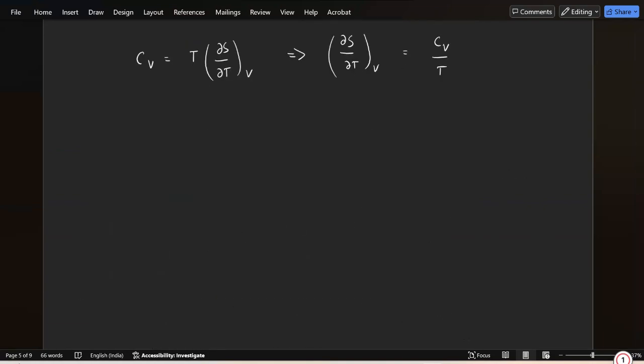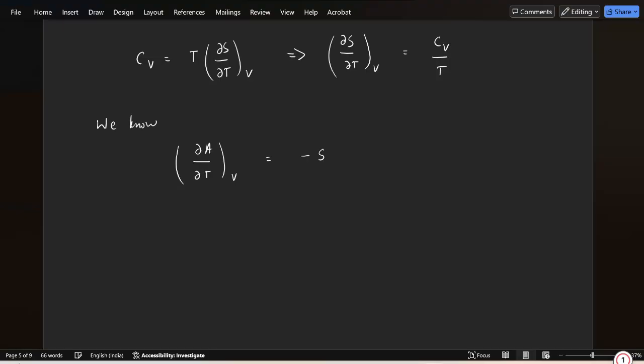We know del A by del T at constant volume is equal to minus S. Now we need del S by del T at constant volume.